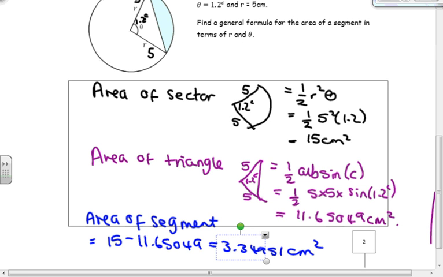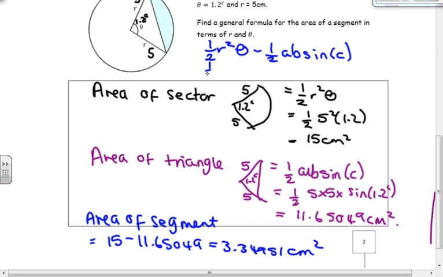So we need to find a general formula for finding the area of a segment in terms of r and theta. So what did we do? We did the area of the sector minus the area of the triangle. So we did a half r squared theta minus a half AB sine C. But in terms of what we used here, AB were both the radius, so that's r squared, and sine C was actually sine theta.